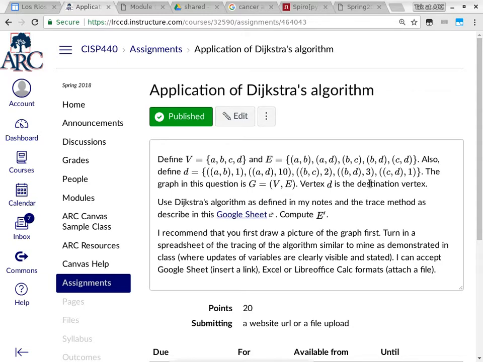No, because the solution graph made out of V and E prime is guaranteed to be a forest, a bunch of trees, and you cannot have two paths from one vertex to another in a forest. So Dijkstra's algorithm is only guaranteed to find one of the many potential equal-length shortest paths. Is that okay? All right, cool. Any other questions?